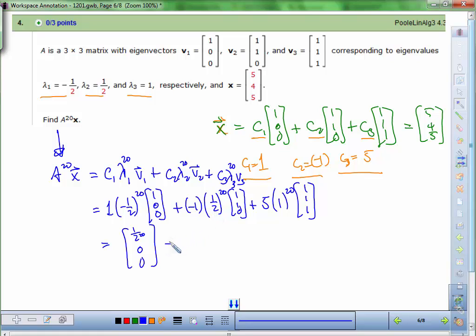And this is a minus, let's just say a plus, and then negative 1 over 2 to the 20th power, negative 1 over 2 to the 20th power, and 0. So it looks like the top one will disappear. And this is just 5, 5, 5. So simplifying this, it looks like we just get 5 on the first component, and this is 5 minus 1 over 2 to the 20th power, and then 5 in the bottom.